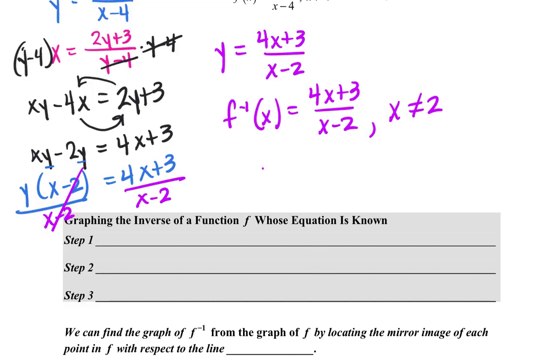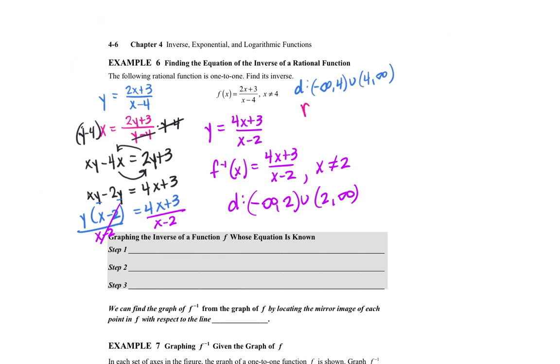So now the domain of this one is negative infinity to 2 and 2 to infinity. So now that means the range is the domain of my new inverse, and the range of my inverse is the domain of my function.